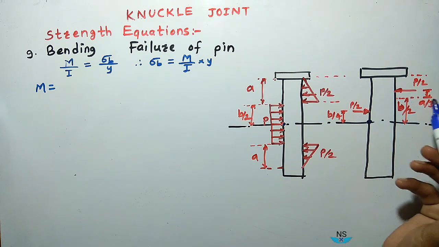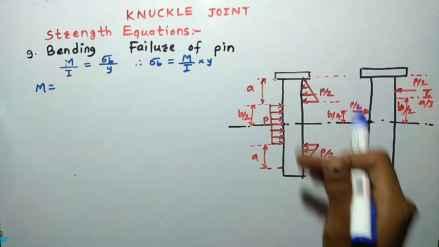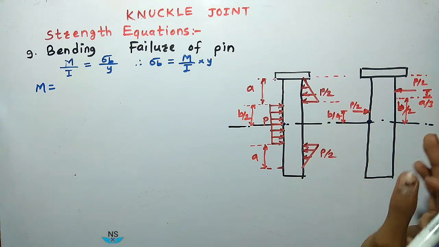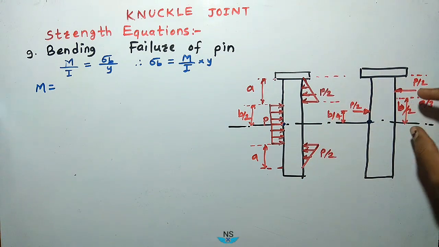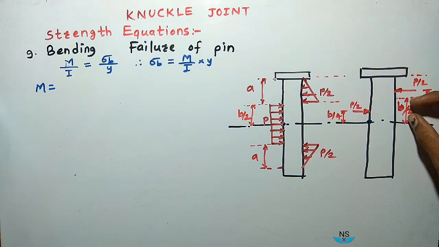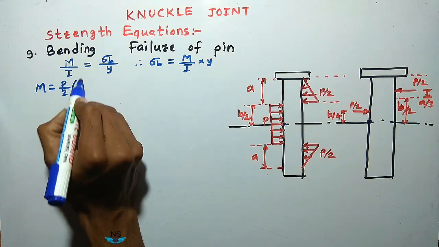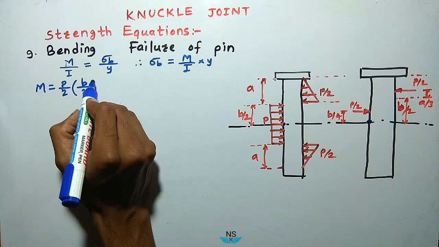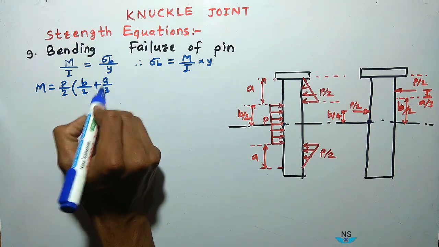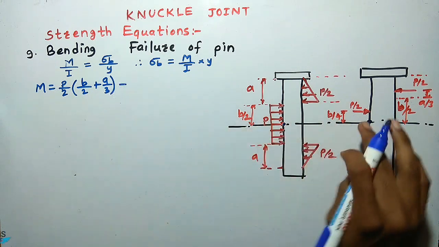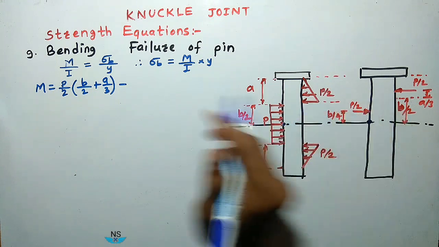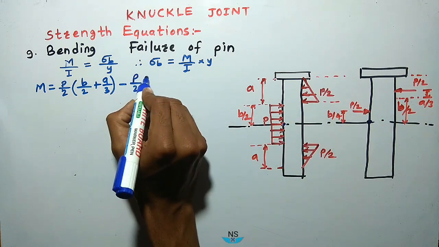Taking anti-clockwise moment positive and clockwise negative, P by 2 into this distance, that is b by 2 plus a by 3, minus, this is clockwise, P by 2 into b by 4.